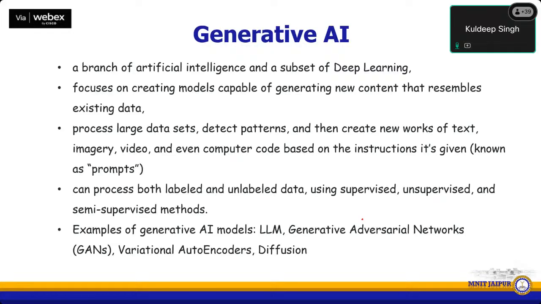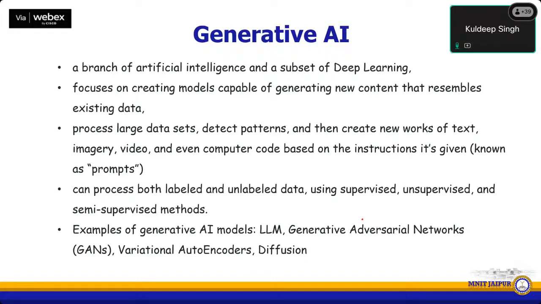Basically, let's define what is generative AI. Generative AI is mainly a branch of artificial intelligence, of course a subset of deep learning. So generative AI is the advanced form of deep neural network which we studied earlier.